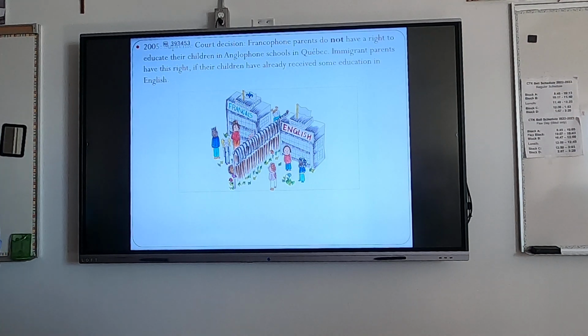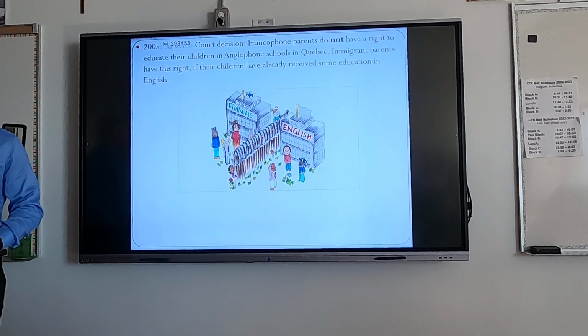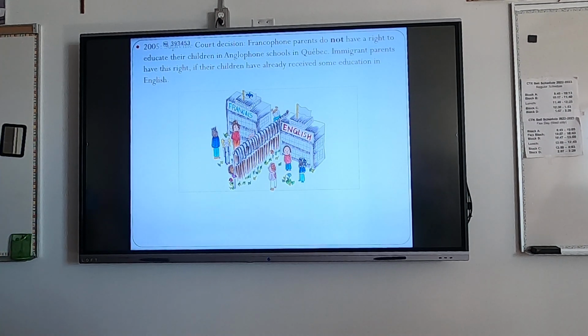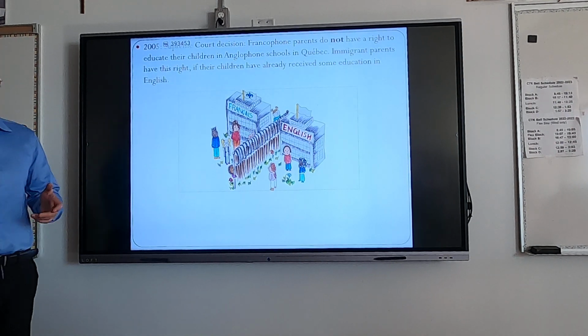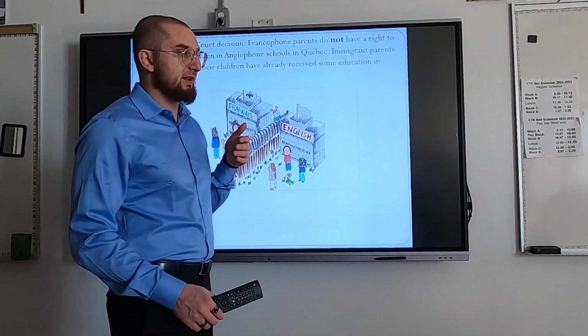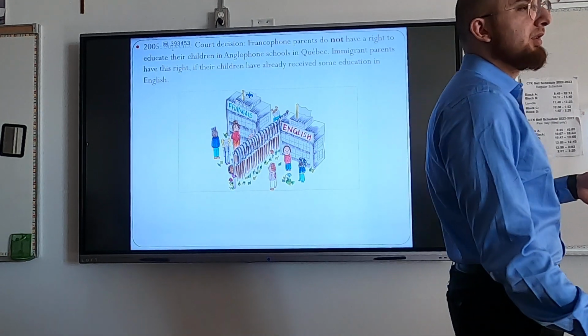So a 2005 Supreme Court decision decided that Francophone parents do not have a right to educate their children in Anglophone schools in Quebec. Immigrant parents have this right if their children have already received some education in English. Again, this is a lot of government intervention, control, and influence into the lives of individuals.